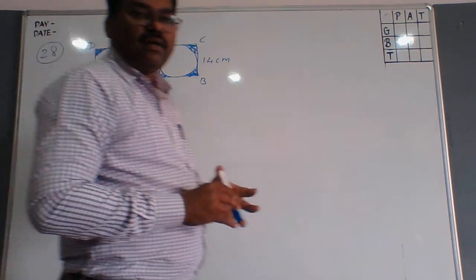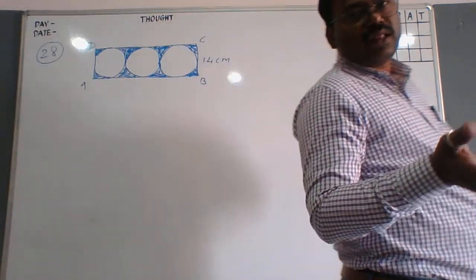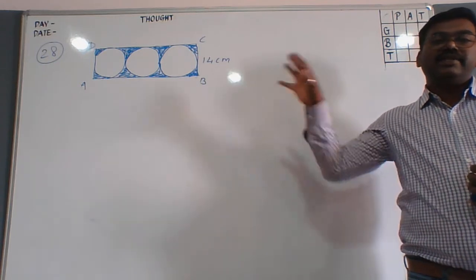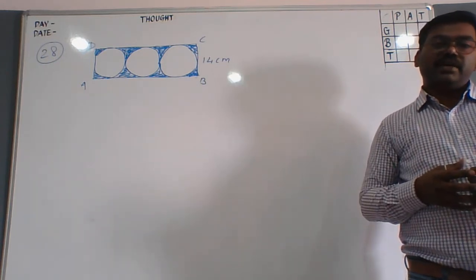The area which is outside the circles but inside the rectangle, that shaded area we want to calculate.